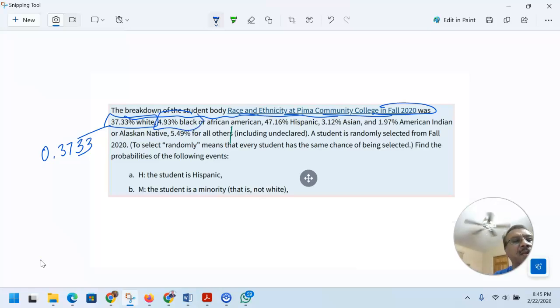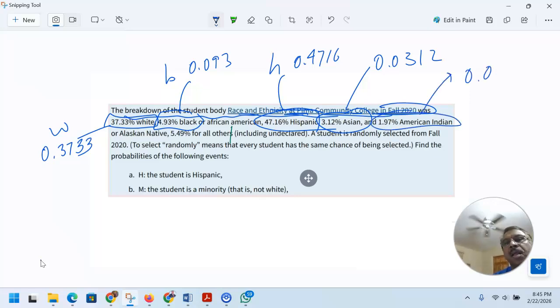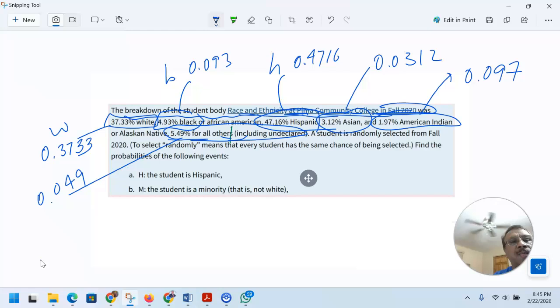Now this is white. Black, I'll put B, is 0.093, and then Hispanic, I'll put H, is 0.4716, and Asian is 0.0312, and then Native Americans is 0.097, and there are also others which are undeclared, which is 0.049, 0.549.